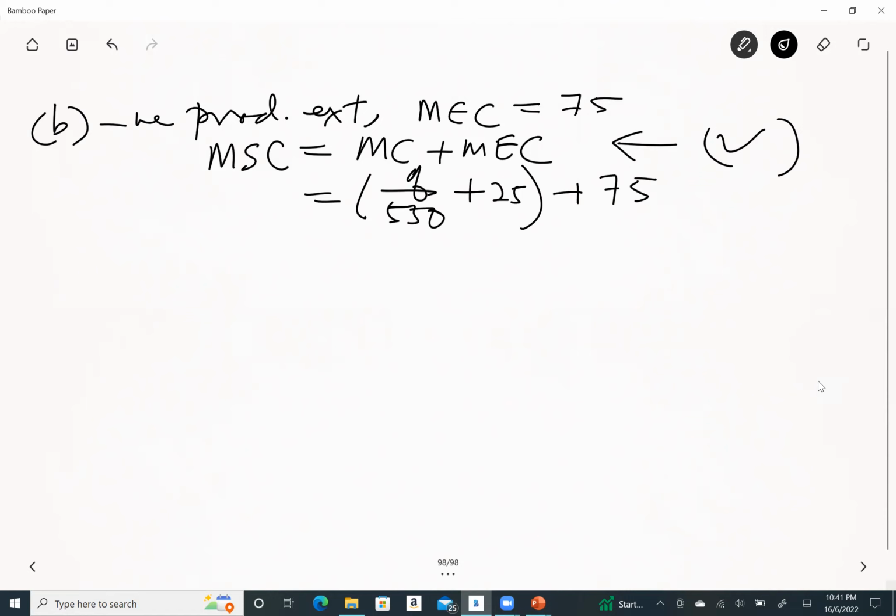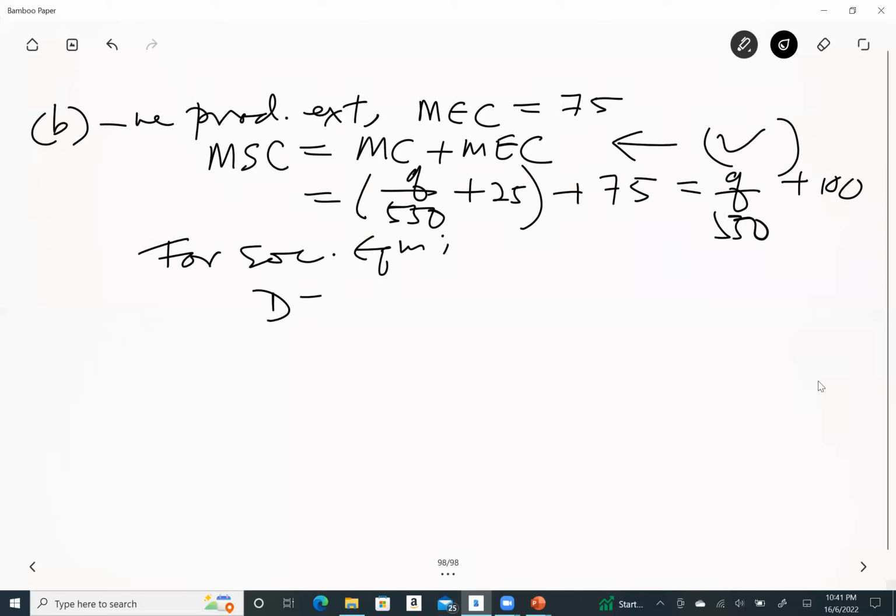Then you get another function: Q over 550 plus 100. So you solve that for social equilibrium. What is the condition? Demand, or the marginal benefit, equal to MSC.